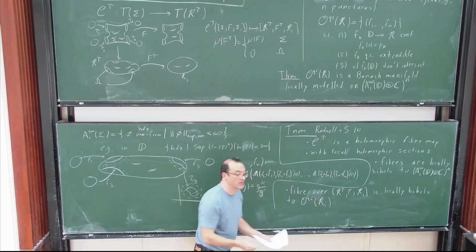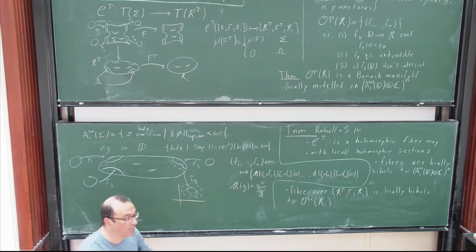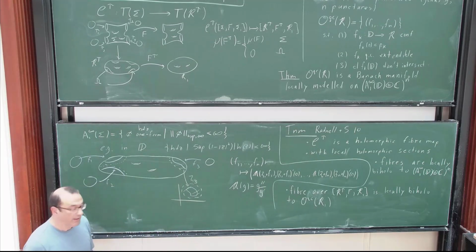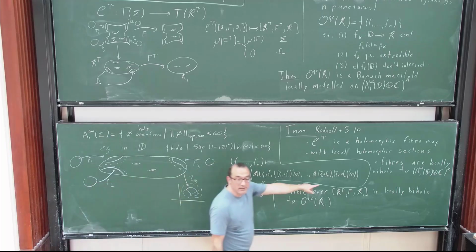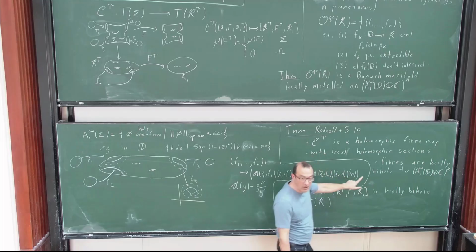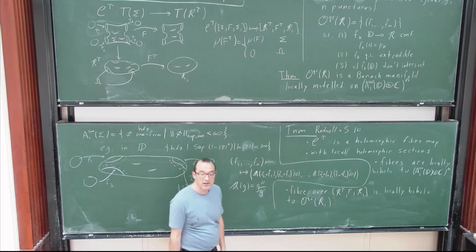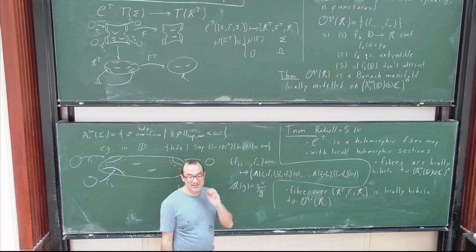So that's the answer to your question, Sid. So you get a nice description of the fiber now in the puncture model. And Lewis, this is a strengthening. It's not just that you have a submanifold, but the submanifold is biholomorphic to this specific submanifold structure you construct here, which also leads to a nice set of coordinates.